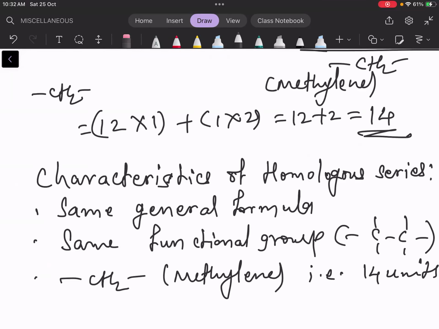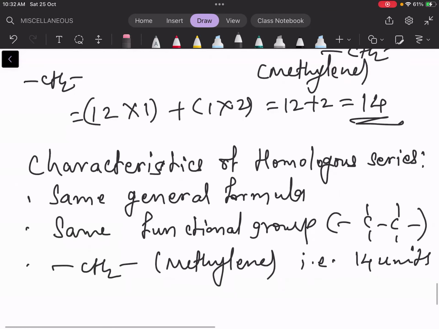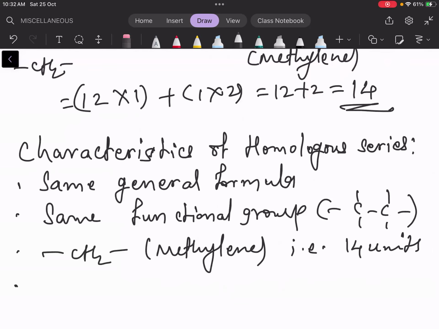Now, they show similar chemical properties. Means what? If methane undergoes oxidation, then ethane also shows oxidation, propane also shows oxidation. Similarly, nonane and decane also undergo oxidation. So they show similar chemical properties.